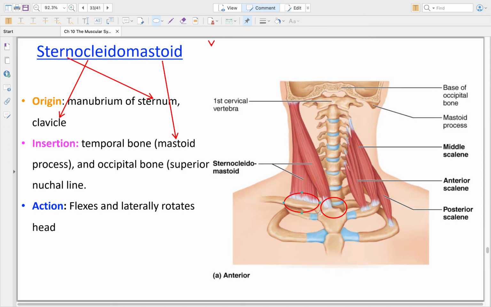Now the insertion, there's 2 points of insertion actually. One is at the mastoid process of the temporal bone, and the other is on the occipital bone, the superior nuchal line of the occipital bone. And the job here of this muscle is to flex and rotate the head. And so this muscle is quite large.